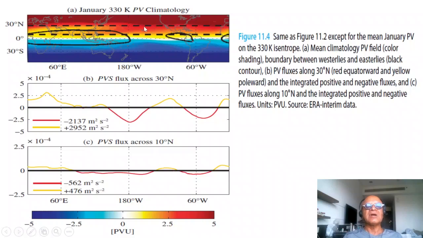You'll still see some southward penetration between these two latitudinal bands, smaller penetration at 330K at both latitudes, especially at 10 north. It's fairly small, but again, integrated across, it's close to zero. We don't show this for July because the 330K isentrope intersects the Himalayas and the Tibetan Plateau during the season because of the monsoon.